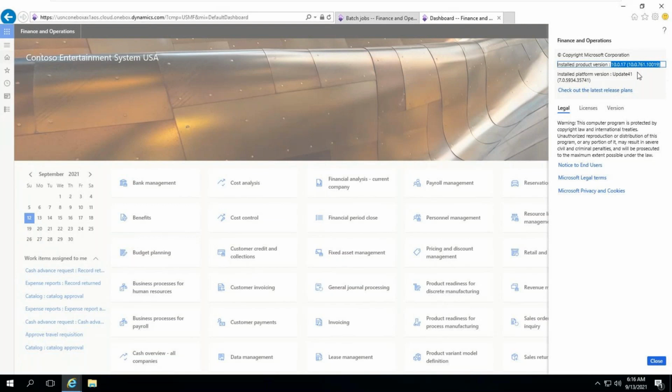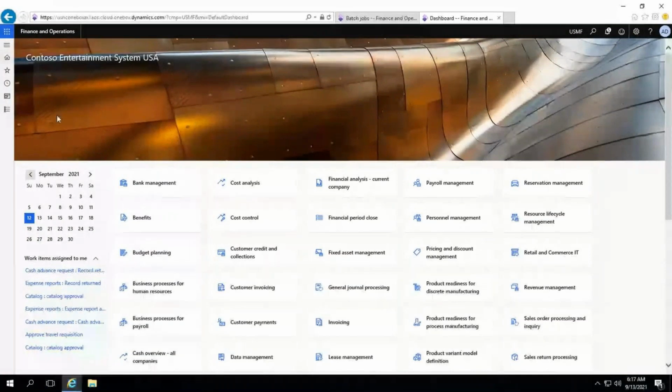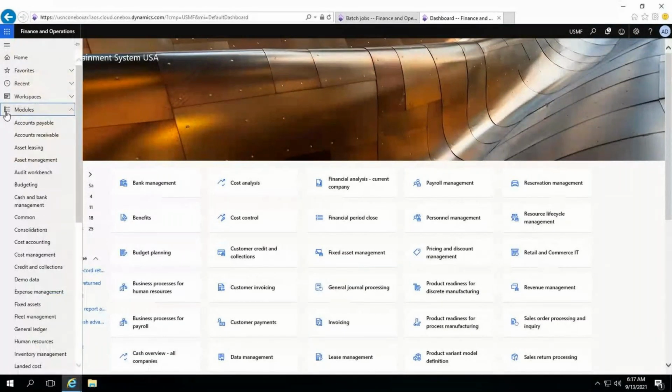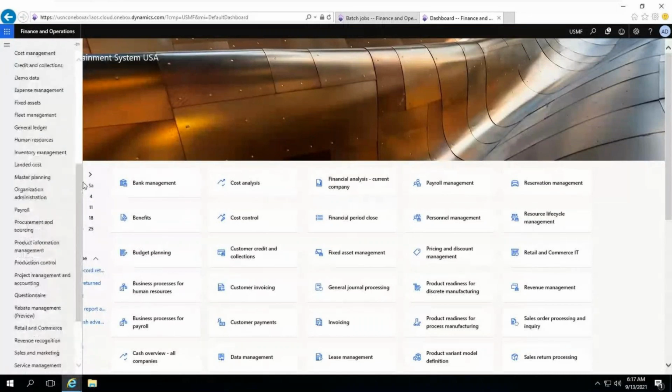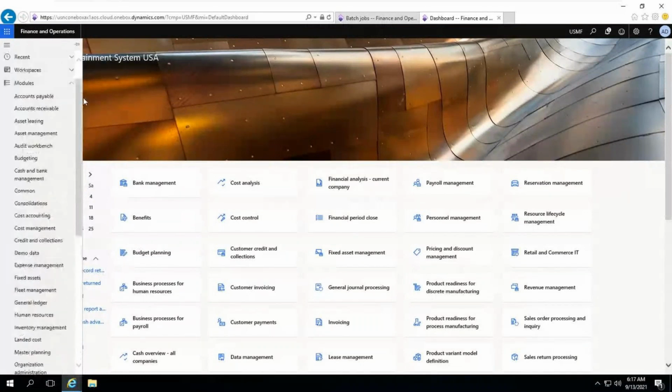Now it is 10.0.17. In this, if you observe, I have enabled new modules: asset leasing, landed cost. Landed cost is a new module. Asset management is a new module. Asset leasing, asset management is another module. It is part of SCM.